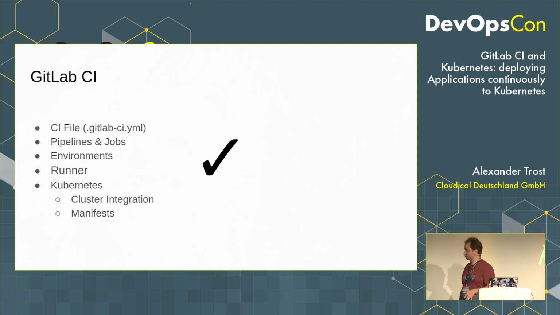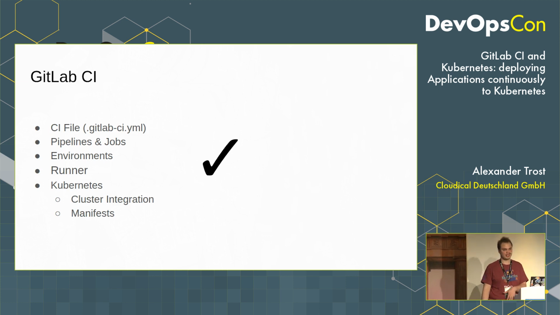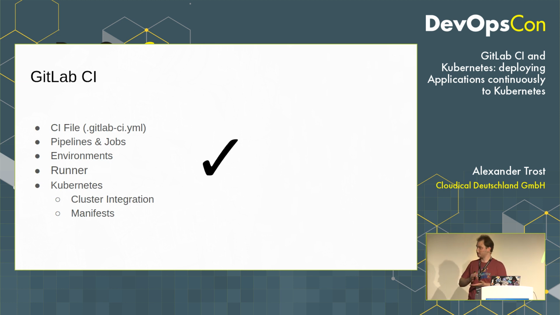So let's go over the list. We have the CI file, a YAML file with the instructions for GitLab CI. We have pipelines and jobs, which are more or less: we put something in, we get something out in the end. Environments, which try to mimic live, dev and QA if you do it correctly, so that you have a point in GitLab where you can roll back or even roll forward if you want.